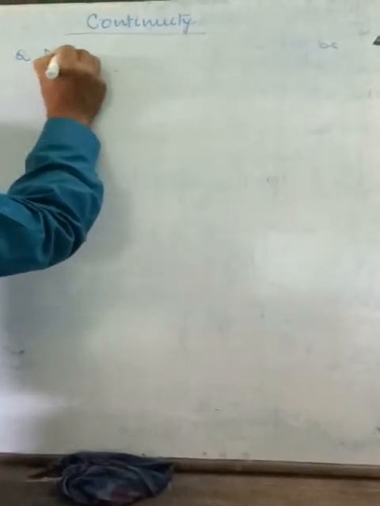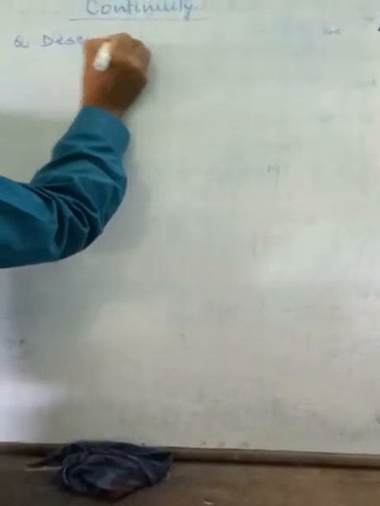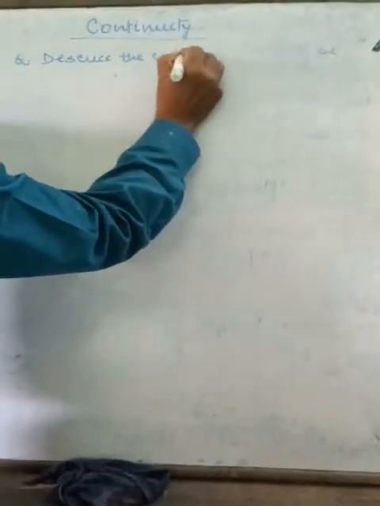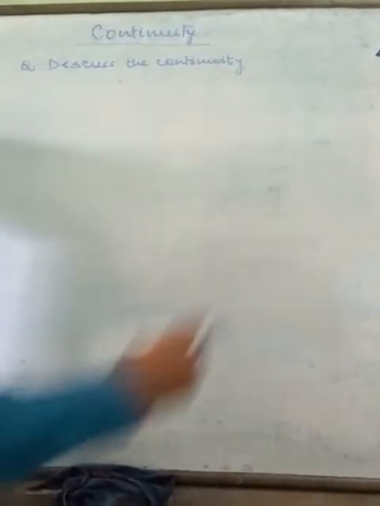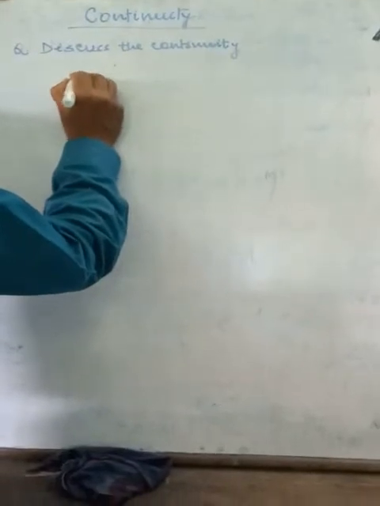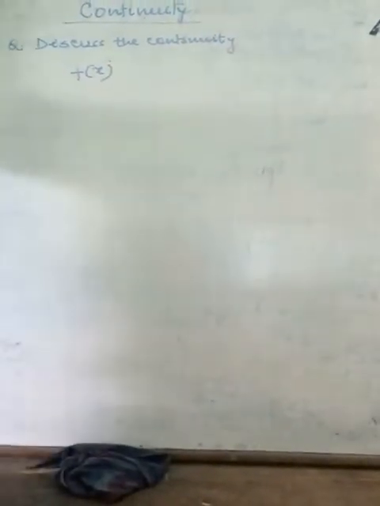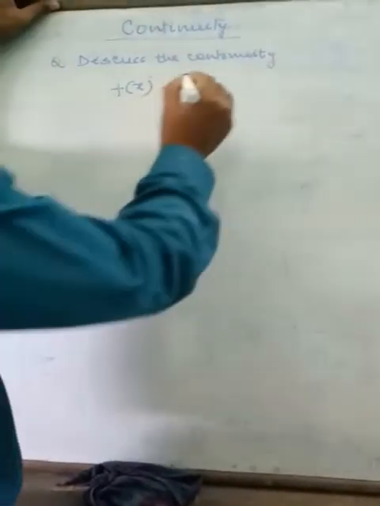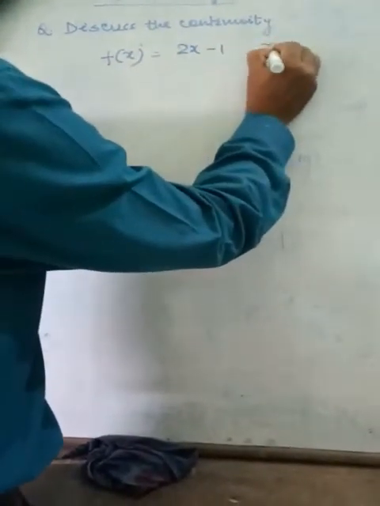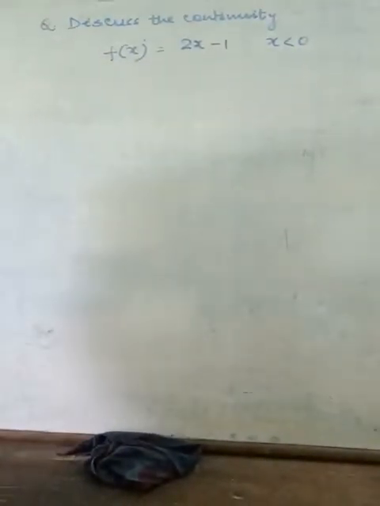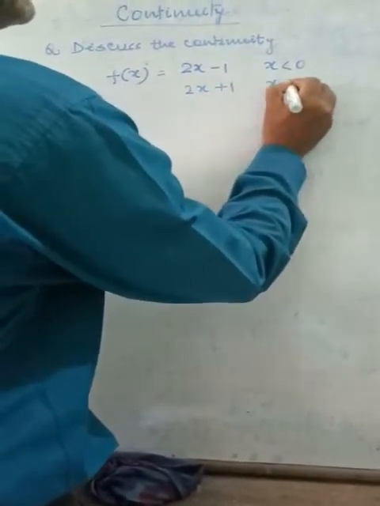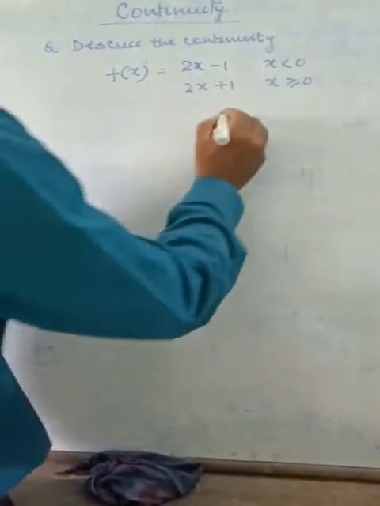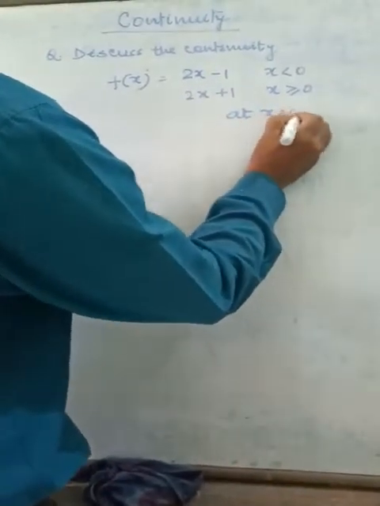Discuss the continuity of the function f(x), where f(x) is equal to 2x minus 1 when x is less than 0, and 2x plus 1 when x is greater than or equal to 0, at the point x is equal to 0.